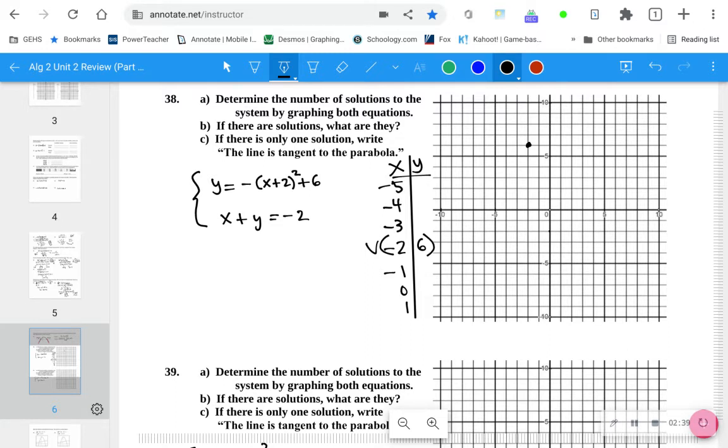Okay, so what we're going to do here is simply find the values for each of these. So you can use your calculator to graph it and make a table of values if that's the way you'd like to do it. But on either side of the negative 2 vertex, you go to a height of 5. So that would be these 2 points. And then you're going to go to a height of 2.